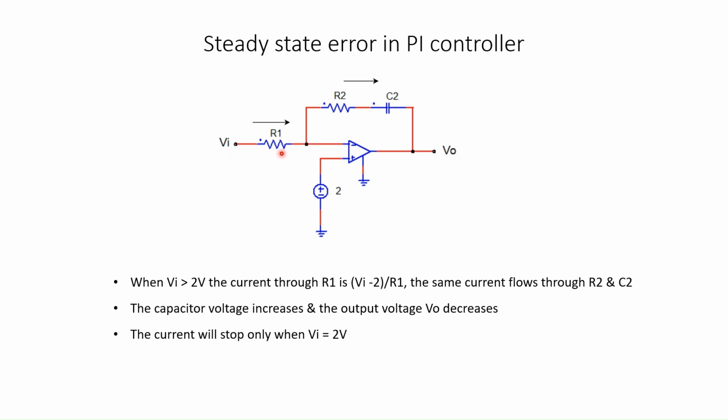The current through R1 and then current through R2 and C2 will stop only when VI is equal to reference voltage V2. That is the same voltage at negative input terminal. That is when the steady state is reached. The VO will settle at the voltage when VI is equal to 2.